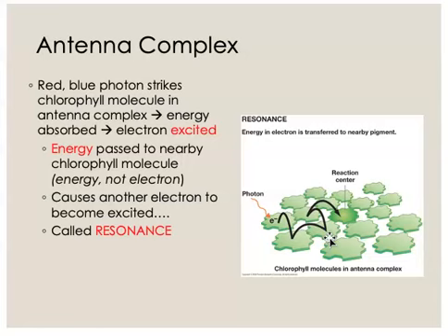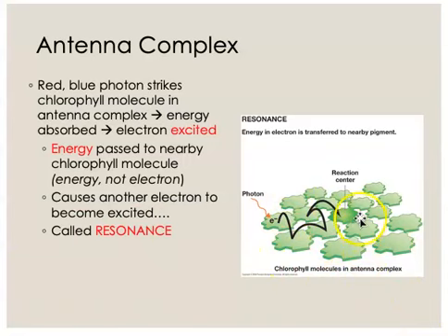But in resonance, because the electron is excited to the next and the next discrete levels of energy, the energy can leave that chlorophyll and go to the next chlorophyll molecule, and then to the next and to the next. This is resonance, and it takes place in the antenna complex.